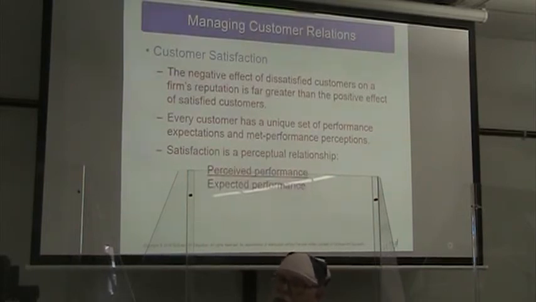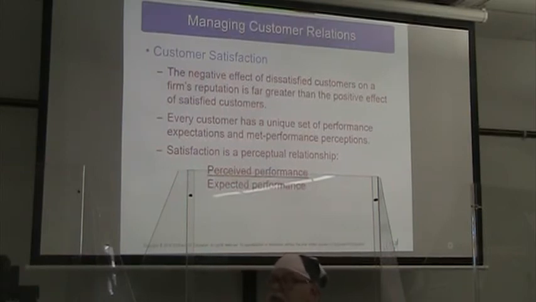So, that satisfaction, we can put it in a kind of mathematical relationship where we say that the satisfaction can be measured by the perceived performance divided by the expected performance.